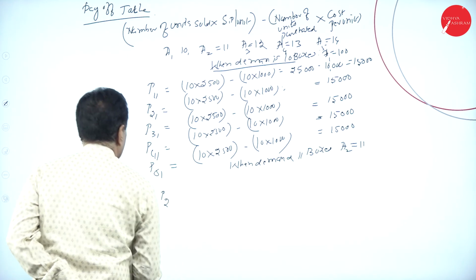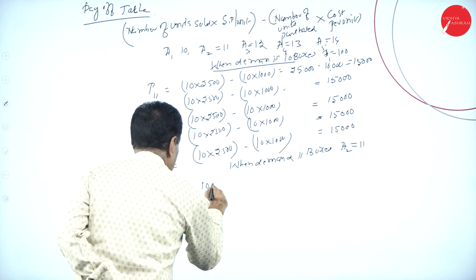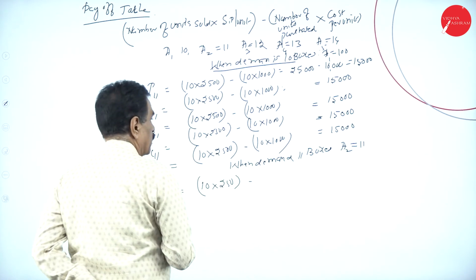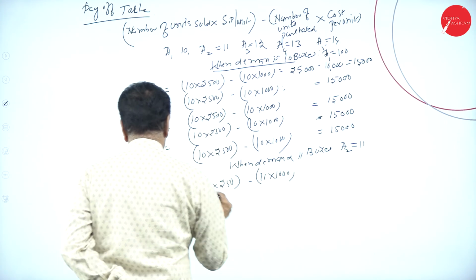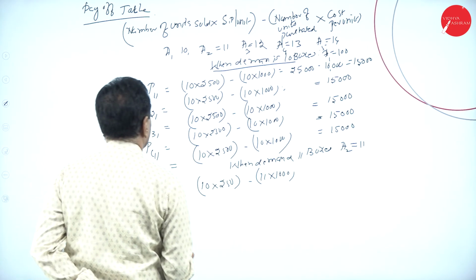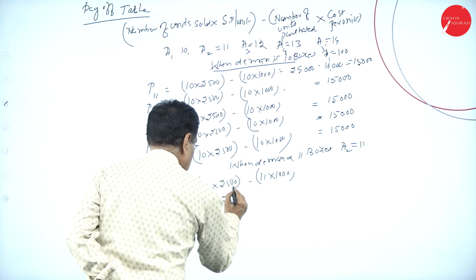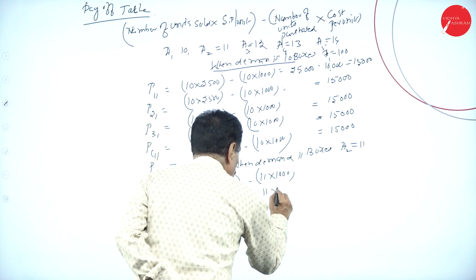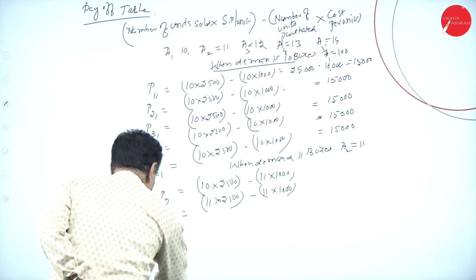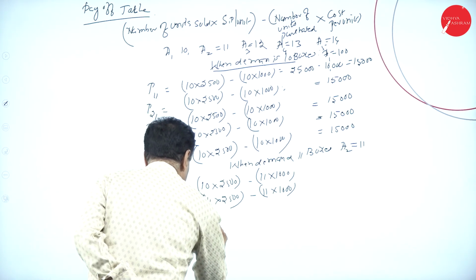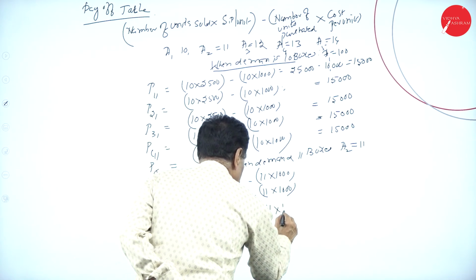P12 is equal to 10 into 2,500 minus 11 into 1,000. Then P22: 11 into 2,500 minus 11 into 1,000. Then P32: 11 into 2,500 minus 11 into 1,000.